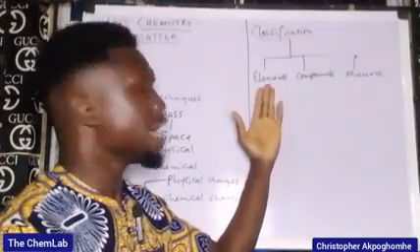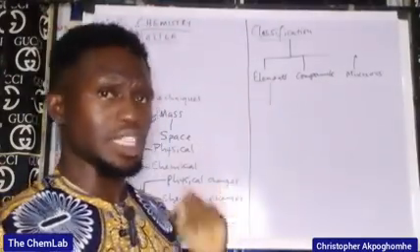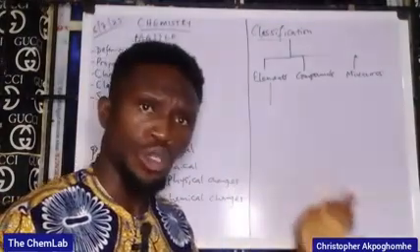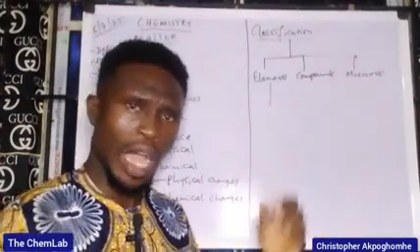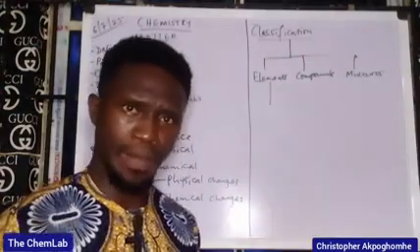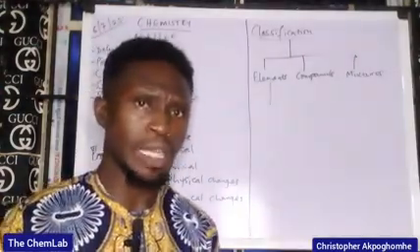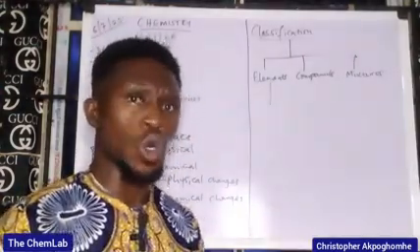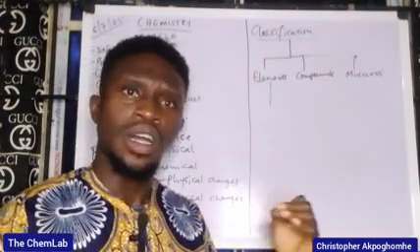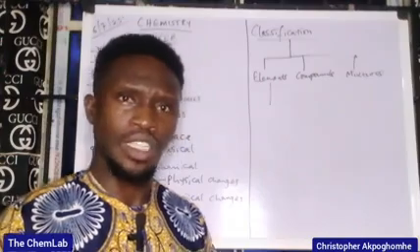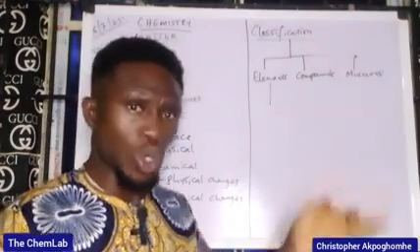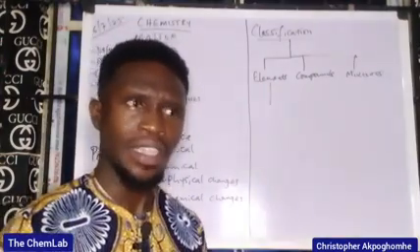Now, why do we say that? In radioactivity, we have uranium, we have radium. These are elements. And you will agree with me that they undergo radioactive decay. That is, their nuclei actually break.